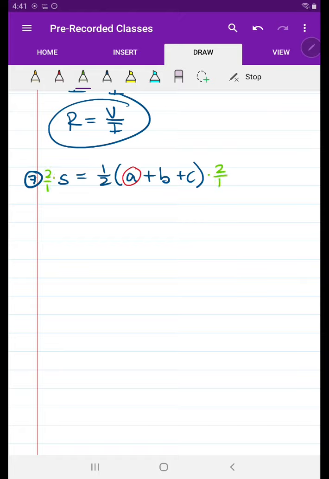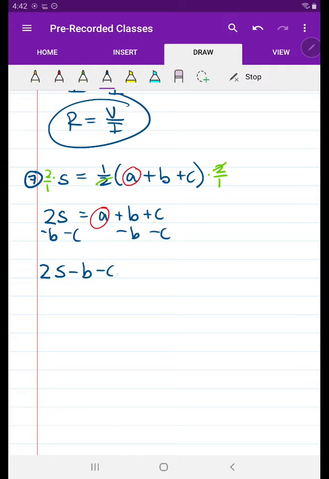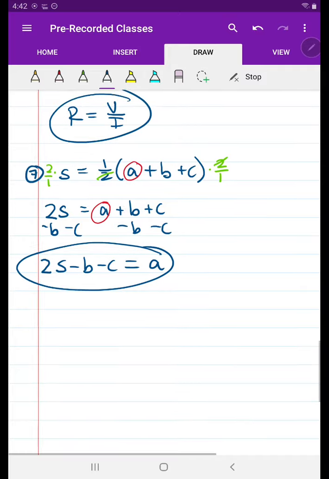On the right side, those 2's will cancel, leaving just A plus B plus C, and on the left side we'll have 2S. Remember, what we're trying to get by itself is the A. So our last two steps: subtract B and subtract C. Then we have 2S minus B minus C equals A. And we're all set.